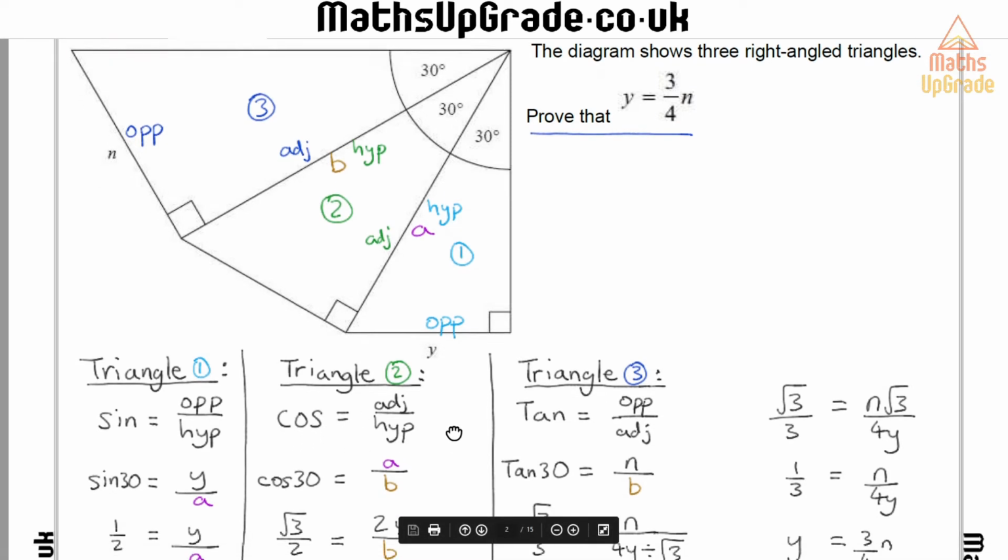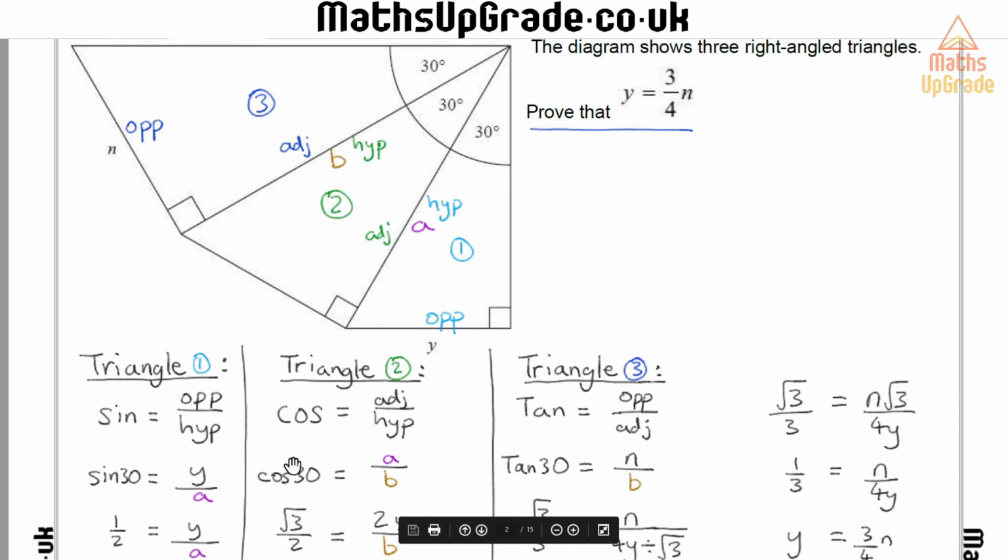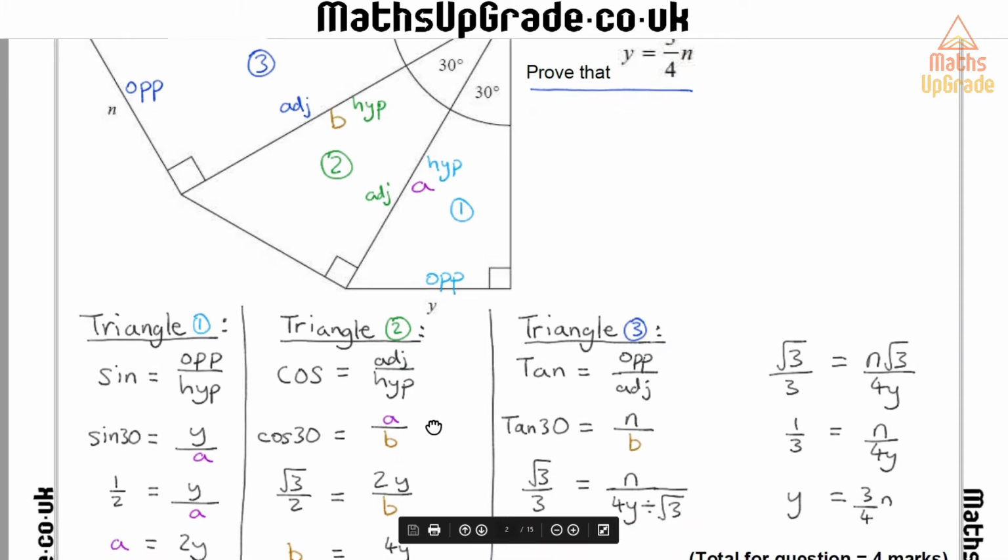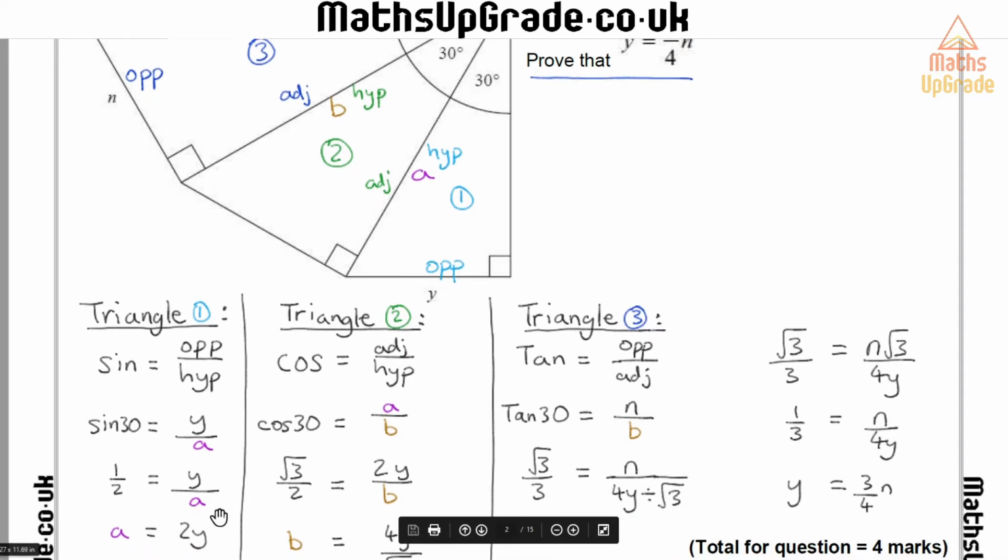If I substitute in the values, cos of 30 equals the adjacent, which is A, divided by B. Well, I worked out that A is equal to 2y. If I substitute that in, I've got 2y over B. And also cos 30, you should recall, is the same as root 3 over 2.